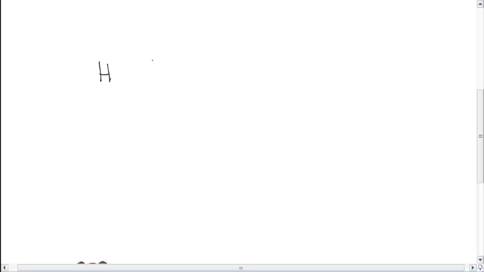So here's our water molecule. And one of the things I told you is that water is a polar molecule. That means that it doesn't have any charges, but there's one part of the molecule that's slightly more positive and one part of the molecule that's slightly more negative.